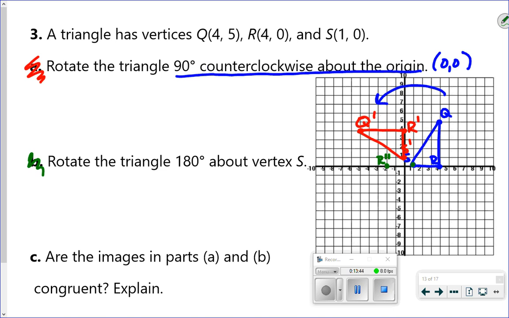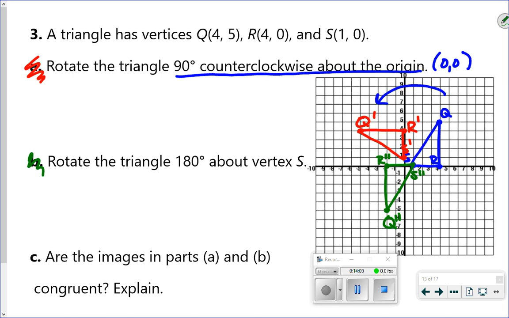So now instead of going up 5 spaces, I'm going to go down 5 spaces. So starting at R, if I go down 5 spaces, that puts me at -2, -5. That is my second copy of Q. And my second copy of S is still at the original point, which is at 1, 0. So here's what my new triangle looks like when it's 180 degrees rotated about vertex S.